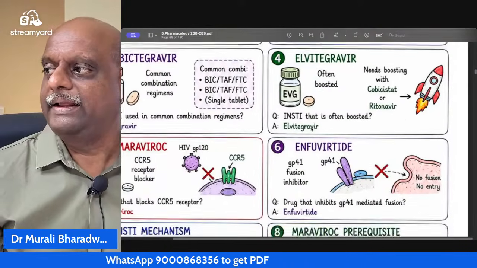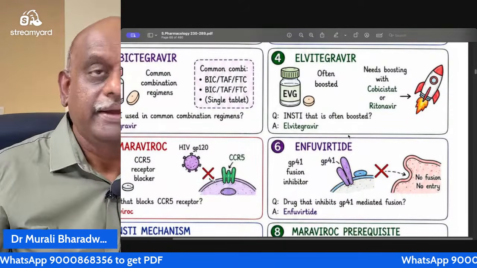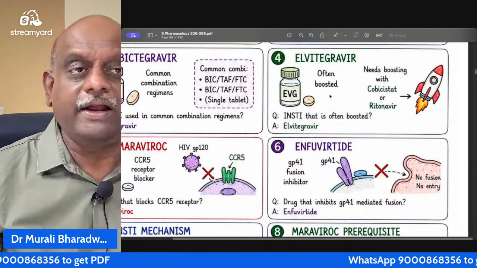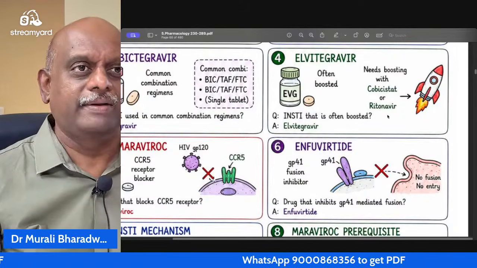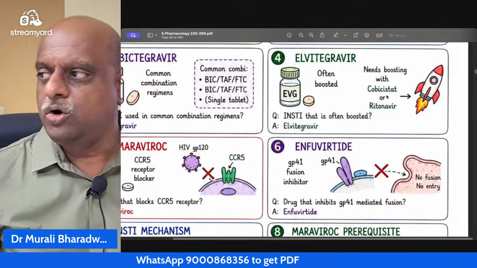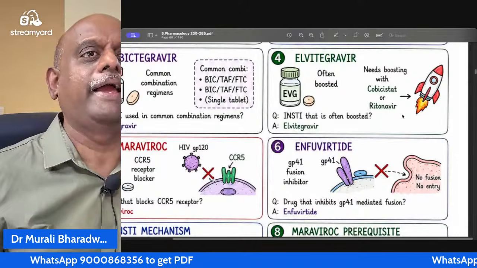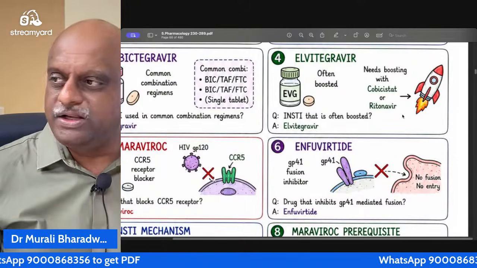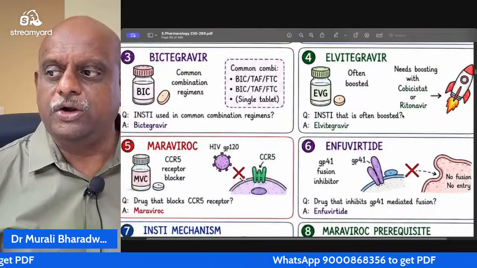Then elvitegravir is one that often requires some boost from a P450 inhibitor like ritonavir or cobicistat, which is used to boost elvitegravir. So it is not effective by itself. It needs to be combined with a ritonavir boost.